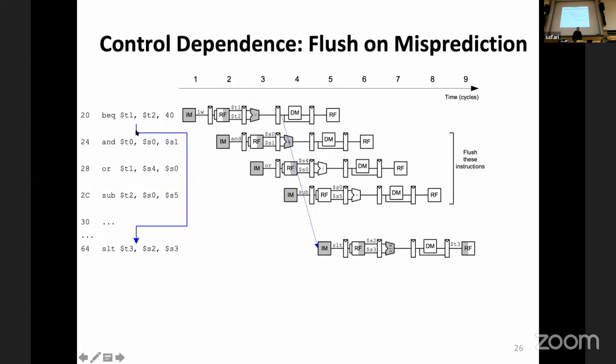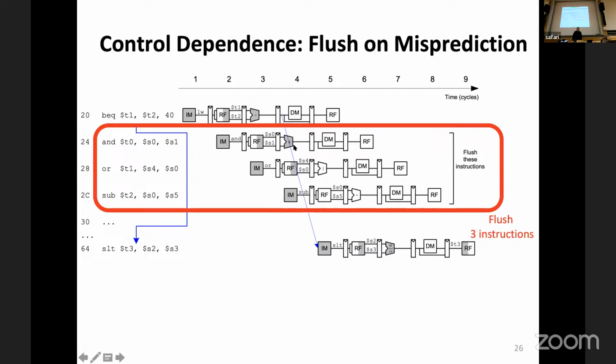As we assume, we have always-not-taken prediction, so you fetch from PC plus 4. You will fetch 24, 28, 2C. Then later, in a stage after this, the result of the branch is here.